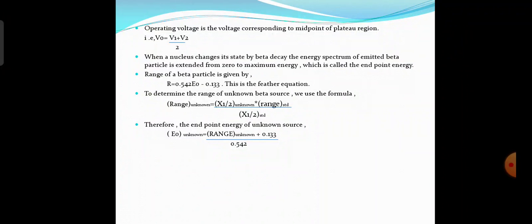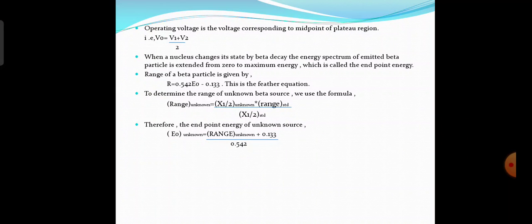And actually the half value thickness x half is the thickness of the absorber for which the value of intensity, that is the count, becomes half of its initial value, I0 by 2. It can be determined by rearranging the formula, using E0 equal to range of standard plus 0.133 divided by 0.542.